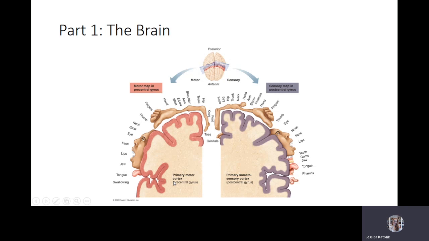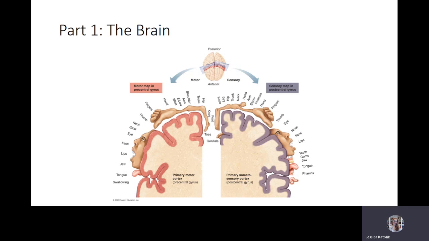The primary motor cortex is going to be part of the frontal lobe, specifically in the precentral gyrus. And the primary somatosensory cortex is going to be part of the parietal lobe, in the postcentral gyrus. These are going to border the central sulcus that separates the frontal lobe and the parietal lobe.